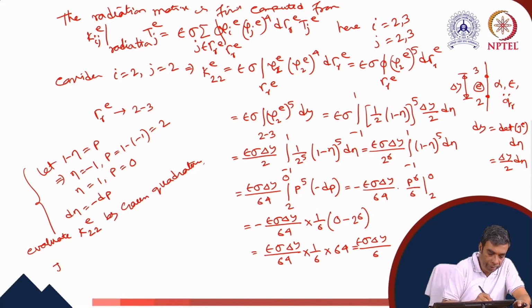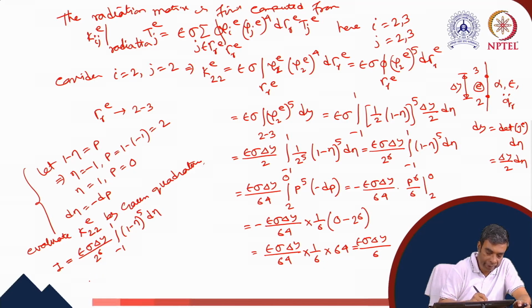So our integrand is epsilon sigma delta y by 2 to the power 6 into integration from minus 1 to 1 of (1 minus eta) to the power 5 into d eta.